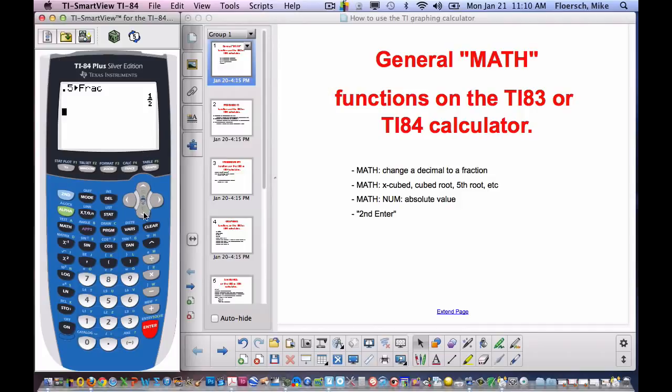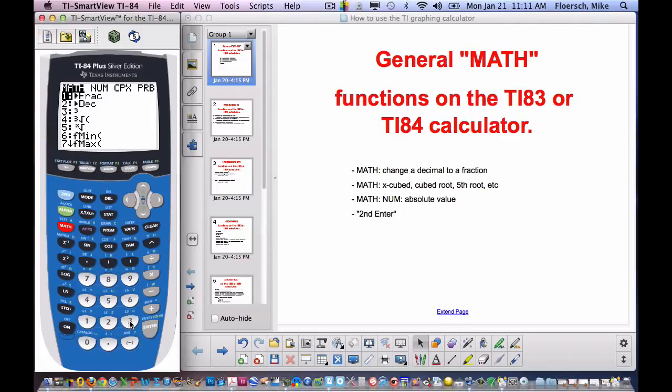Let's say I want to work with cubed functions or cube root functions or fifth root functions. Let's find where those would be. Let's say I want to take a number, 6, and cube it. You can either say to the third power, or you can do 6, math, and then you've got options here. Here's your cubed, here's your cube root, here's your whatever x power we're talking about, which I'll show in just a minute.